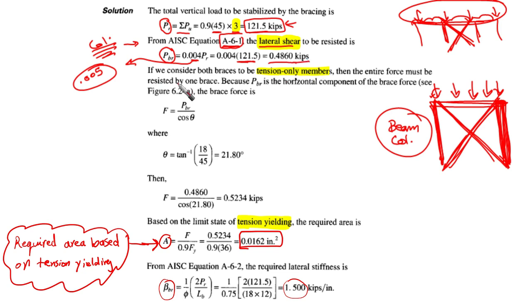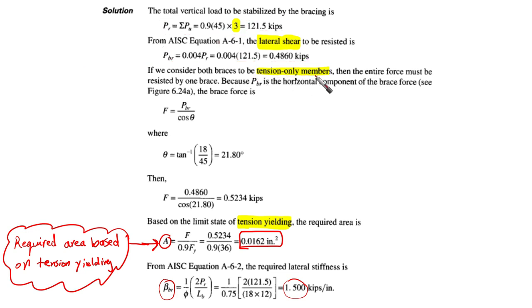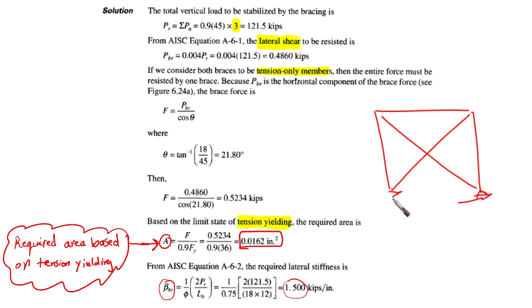This is if we consider both braces to be tension-only. Remember what the meaning of this is? If we provide the stability bracing for our structure, we assume that one of them is going to work always in tension. If the structure wants to move in this direction, for example, this bracing is going to resist by tension.